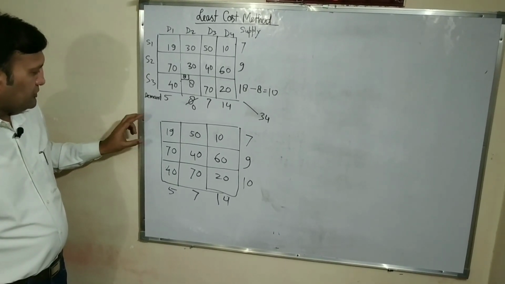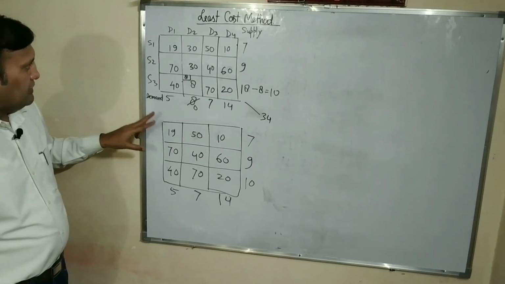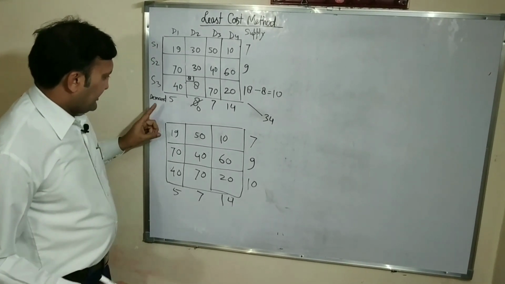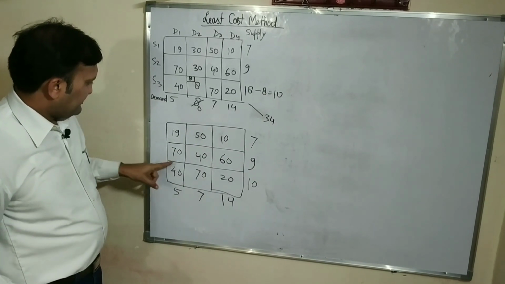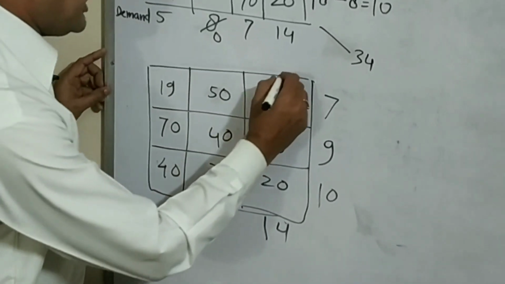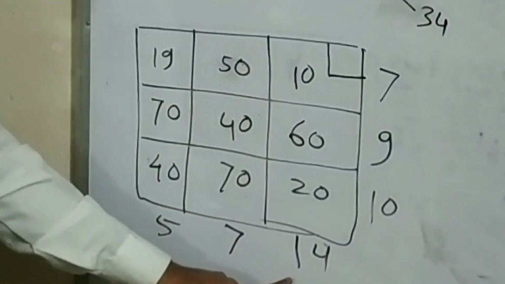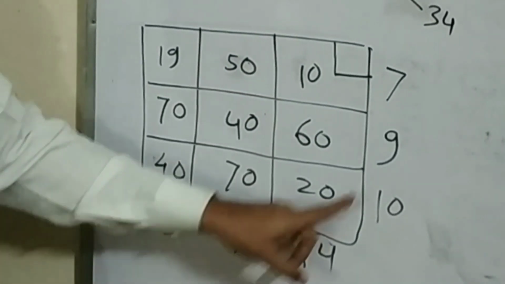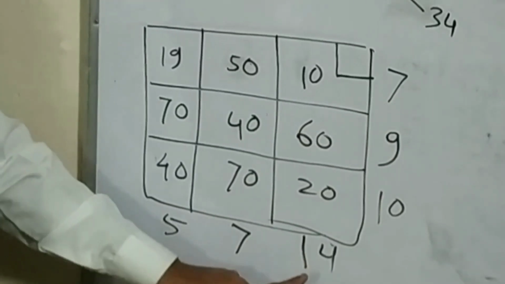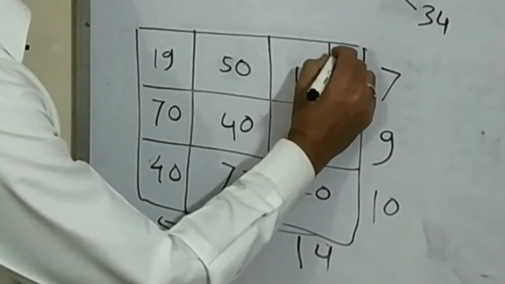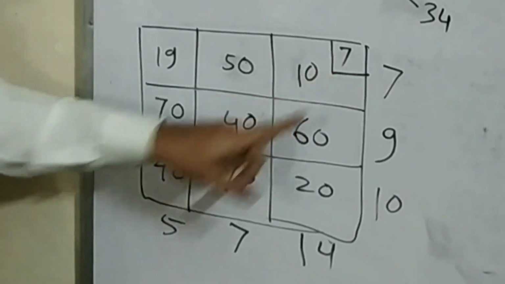Now further we are going to see which one is less. We see that 10 is the minimum, so we are going to start allocation from here. Again we are going to see the demand side as well as the supply side. Whichever is minimum, that will be allocated. We find that the supply side is low, so that will be allocated.